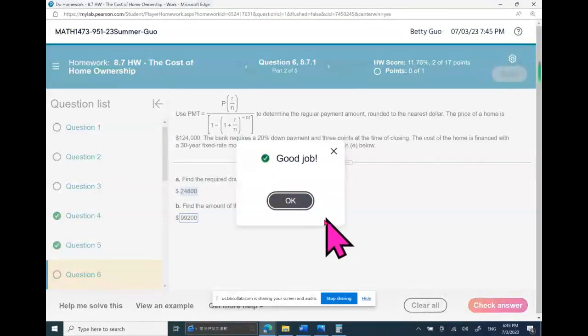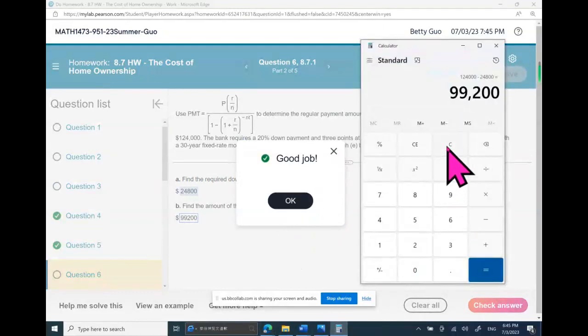Okay, there's another way to find the amount of mortgage. Since you pay 20% upfront, that means you have to borrow the remaining 80% from the lender.